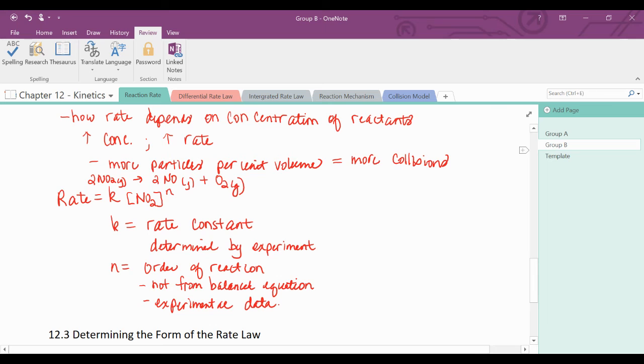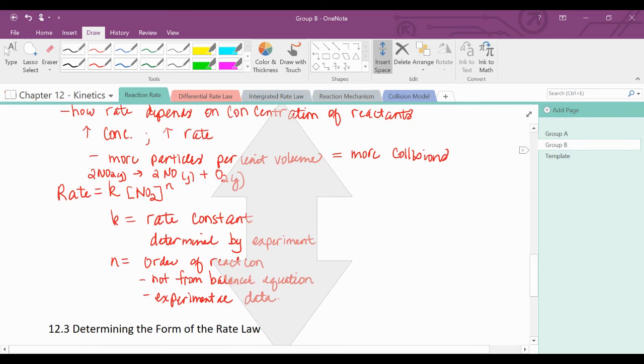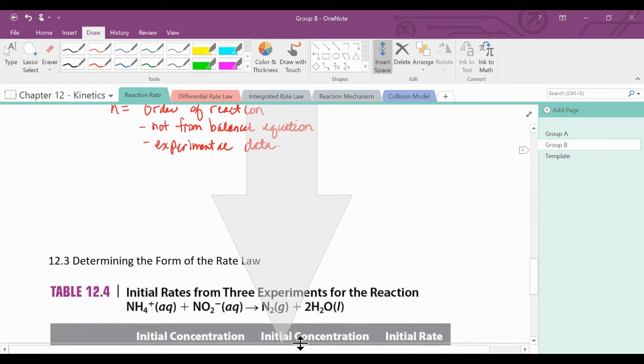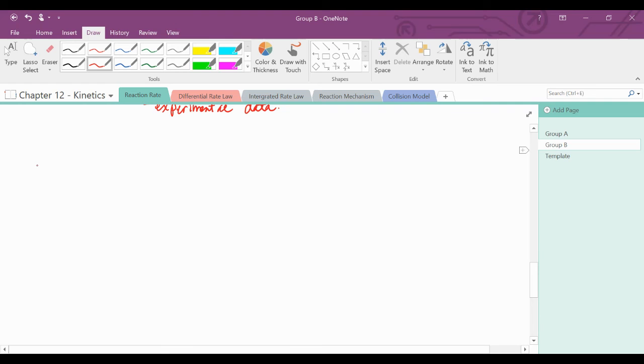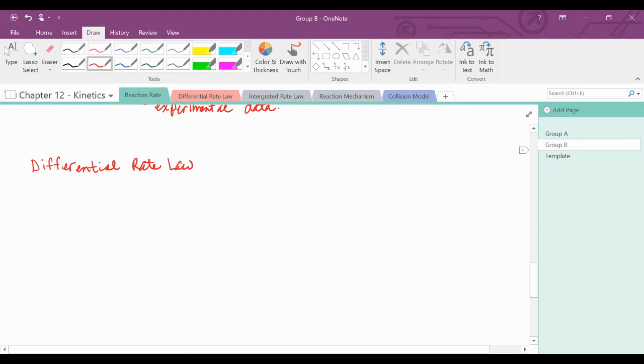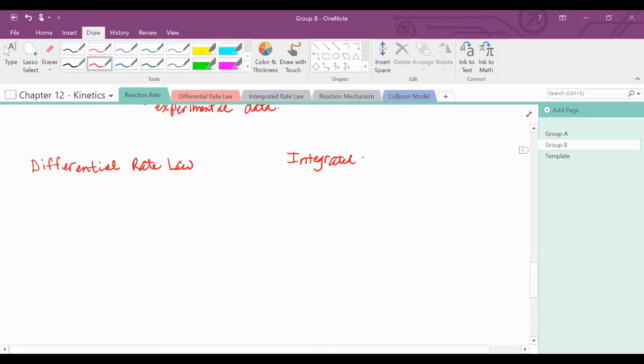Now, there are two types of rate laws. There is a differential rate law and there is an integrated rate law. So let's talk about the difference between the two.